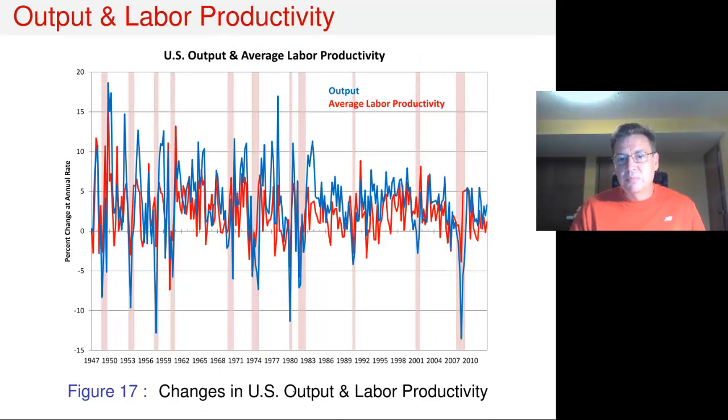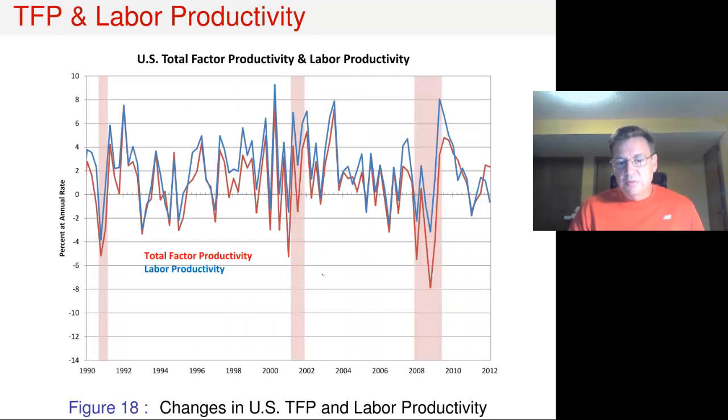And again, as we saw in that table earlier, average labor productivity is correlated with output, not as strongly as TFP. And as with TFP, what we see here is that output is more volatile than this productivity measure. And the two different productivity measures are quite highly correlated with each other, so they're moving together pretty closely over time.